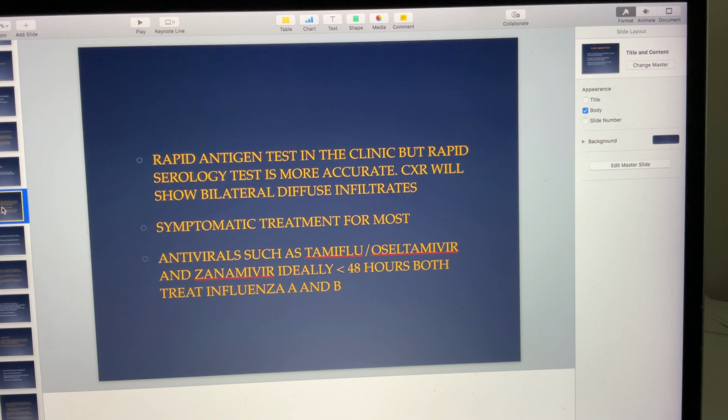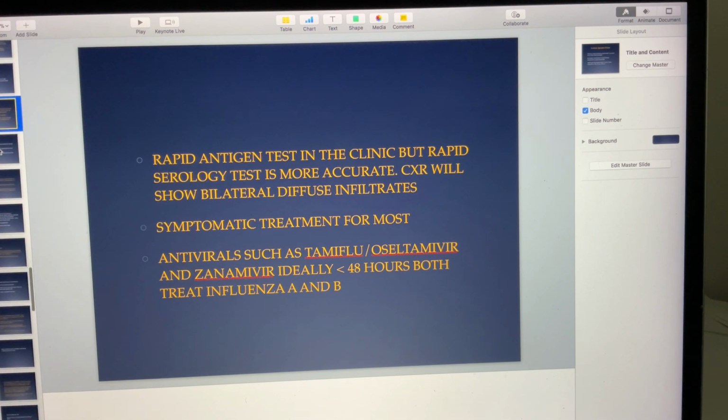If it's more than 48 hours, it's probably not going to do anything for you. So someone comes in, they've had flu for more than 48 hours. This medication is probably not going to do much. So ideally, you want to administer this medication in less than 48 hours after someone developed flu.